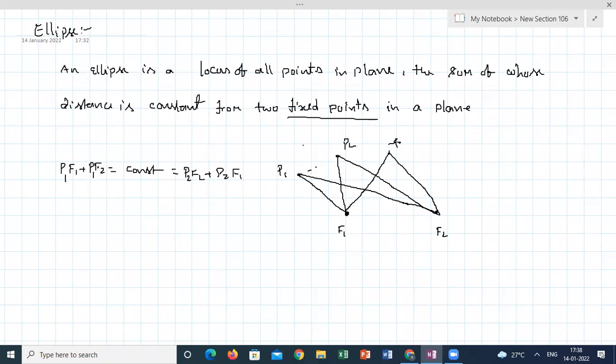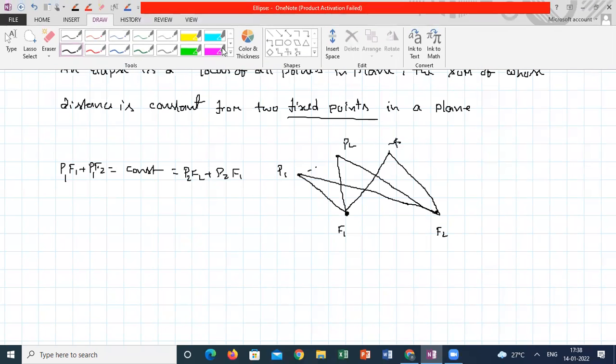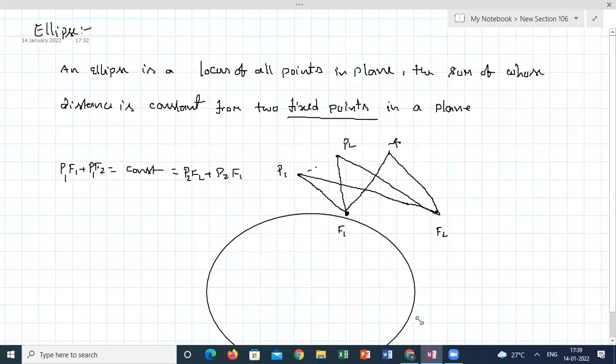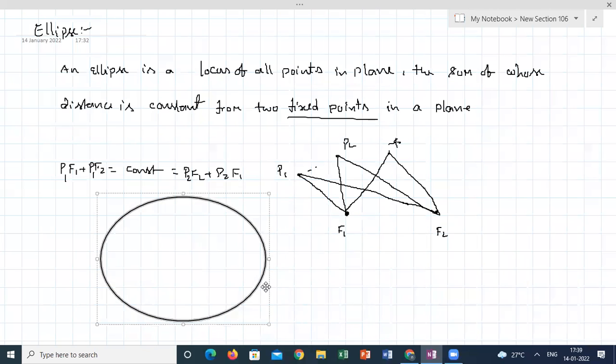So if I join all the points, you will get an oval kind of shape, which is known as an ellipse.